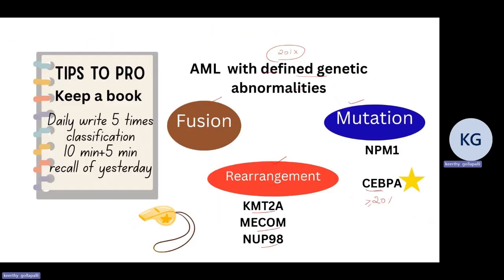For genetic abnormality, you divide them into fusions, rearrangements, and mutations. For defined genetic abnormality, you don't need 20% blast; you have to demonstrate these mutations. But there are exceptions: for CEBPA and BCR-ABL, you need 20% or more blast. For rearrangements, remember three things: KMT2A, MECOM, NUP98. Mutations: NPM1 and CEBPA.